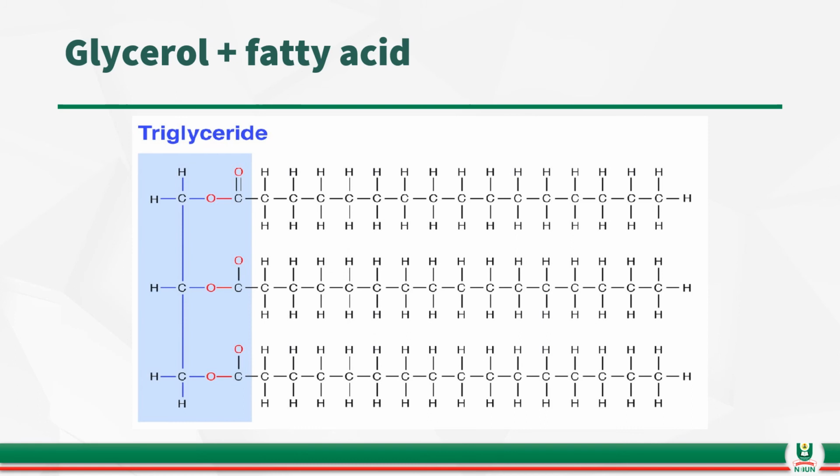It can be mono, di, tri. At times it can occur with phosphate, and at times it can occur with cholesterol. When it occurs with phosphate, you have phospholipids. When it occurs with cholesterol, you have cholesterol ester. So fatty acid normally will not occur alone. It occurs with something.